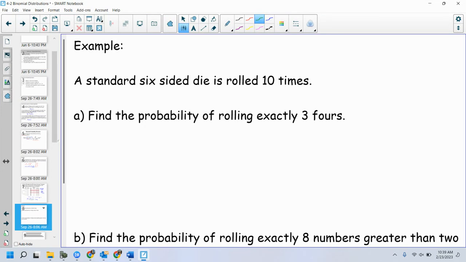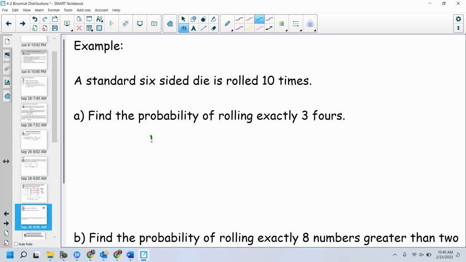A standard 6-sided die is rolled 10 times. Find the probability of rolling exactly 3 4s. Now, I want to know exactly 3. Right? Exactly 3. Not at least 3, but exactly 3.